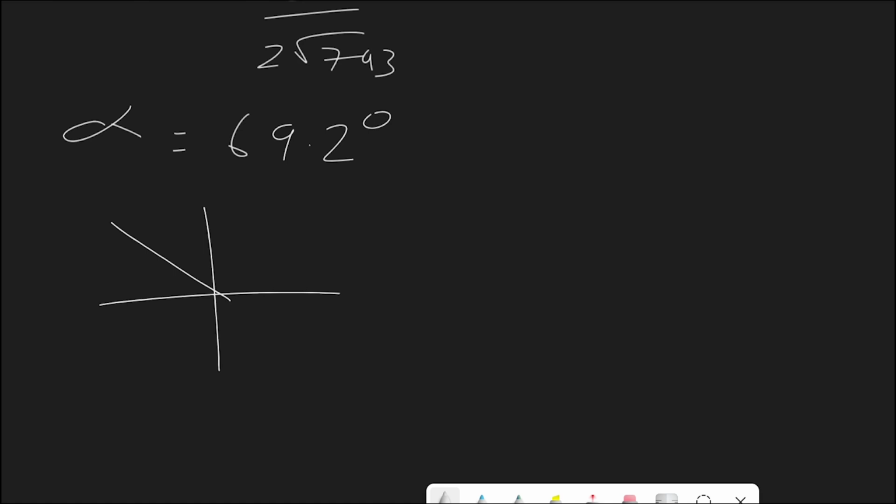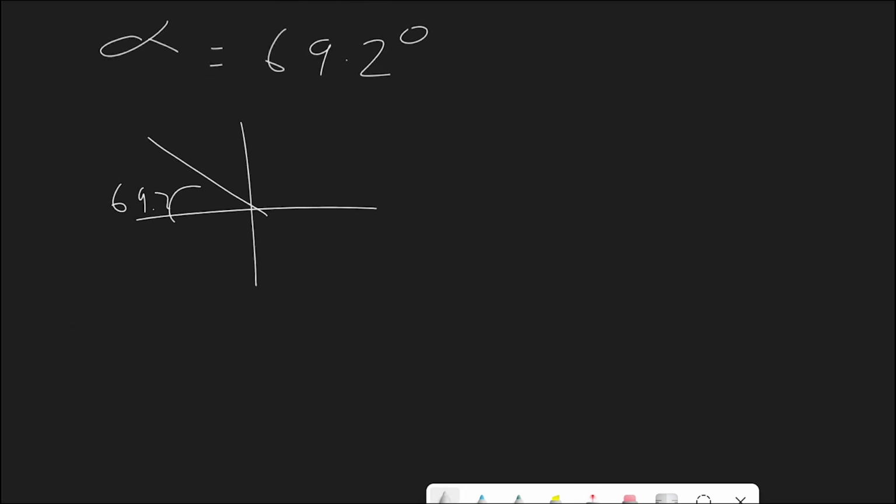So for the angle that we need, we subtract it from 180. So CMN would be 180 minus 69.2, which is 110.8, and can be rounded to 111 degrees.